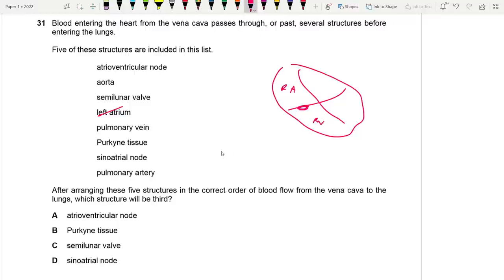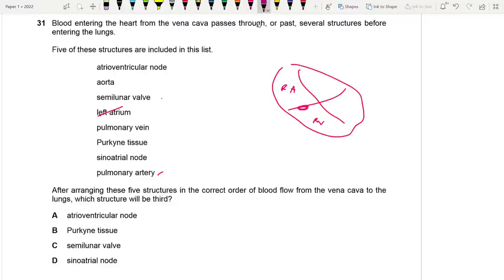After that, we're going to enter the pulmonary artery. But before entering the pulmonary artery, we need to pass the semilunar valve. Do you guys understand?